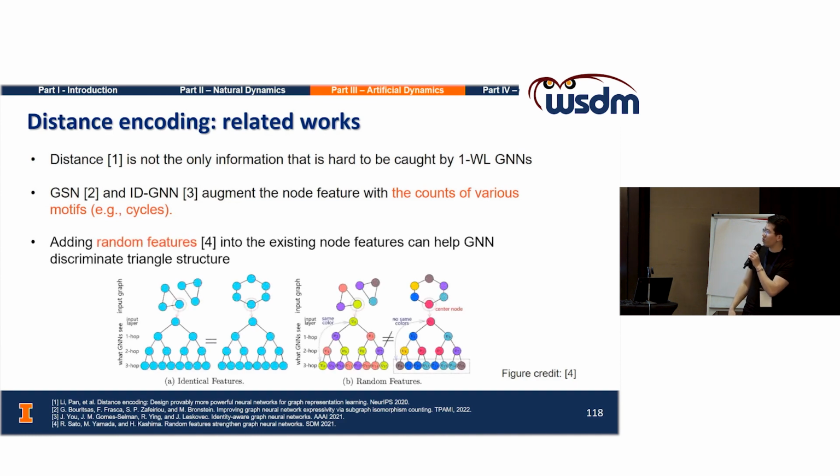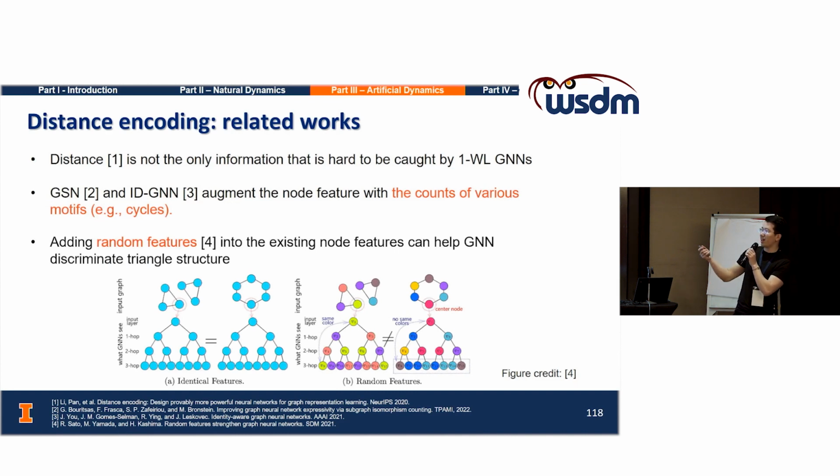And some recent work even shows that we can directly add some random features into the given node features, and it can also enhance the expressiveness of the graph neural network. The reason is that they use a very naive setting where all the nodes have identical features. So in these settings, all the nodes are the same if we do not take a look at their neighborhood, right?